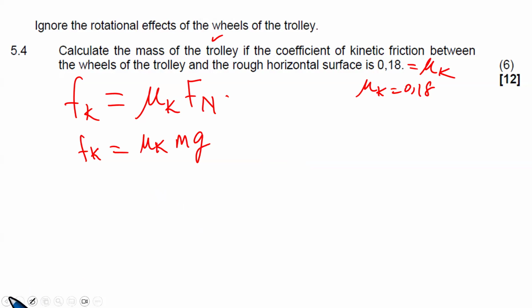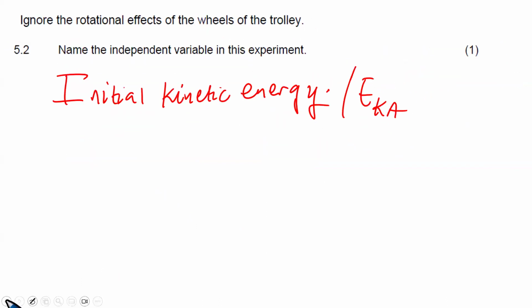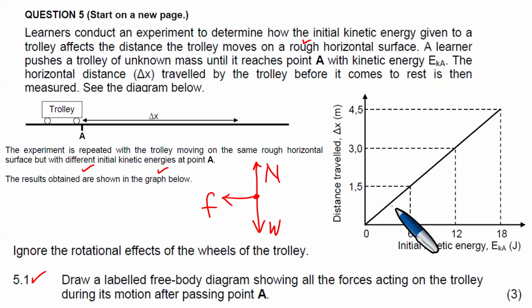We need to be able to find the gradient. The gradient is delta y over delta x. What is the gradient? Now we want to find the gradient. The gradient is change in y over change in x as we know it.